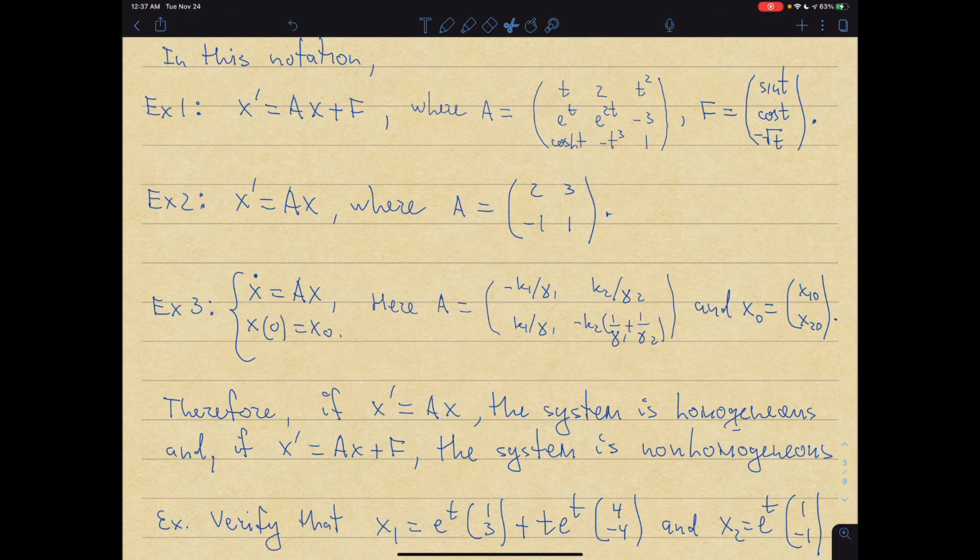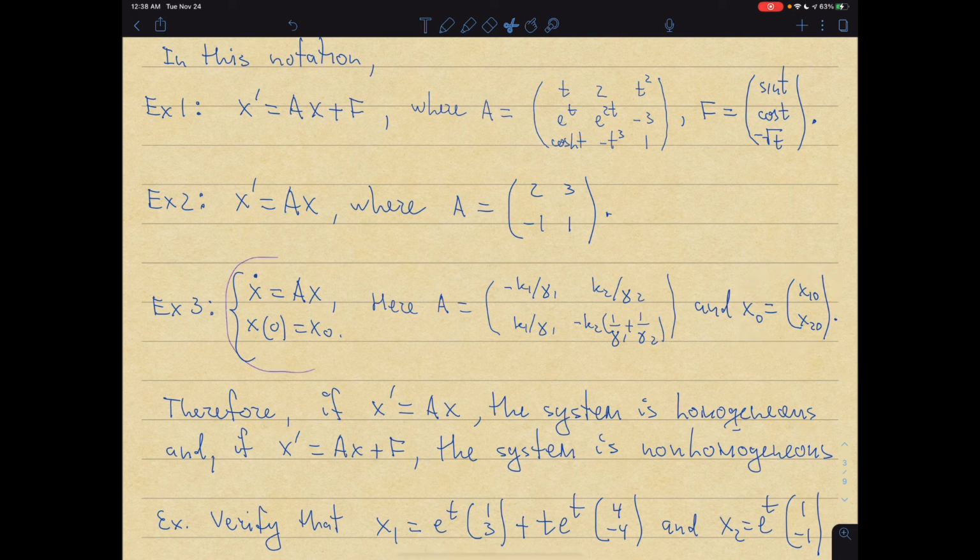And finally, my spring example, I can again write as a vector equation where x has two components. And A is going to be a constant matrix that looks like this. And the initial condition is going to also be a vector initial condition because I prescribe both the initial position of mass 1 and position of mass 2.